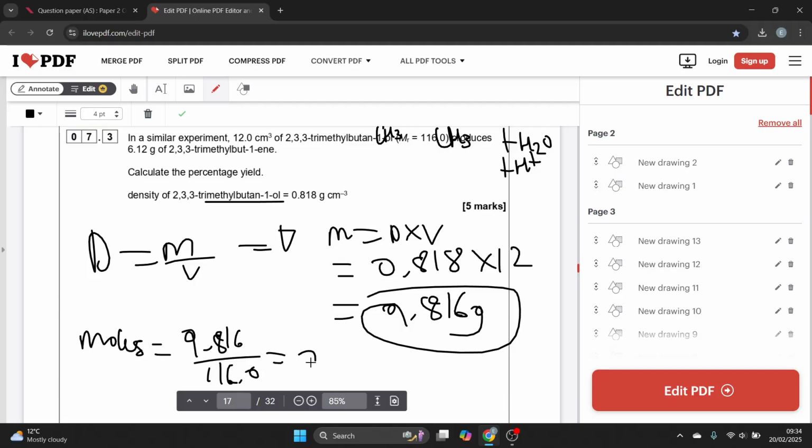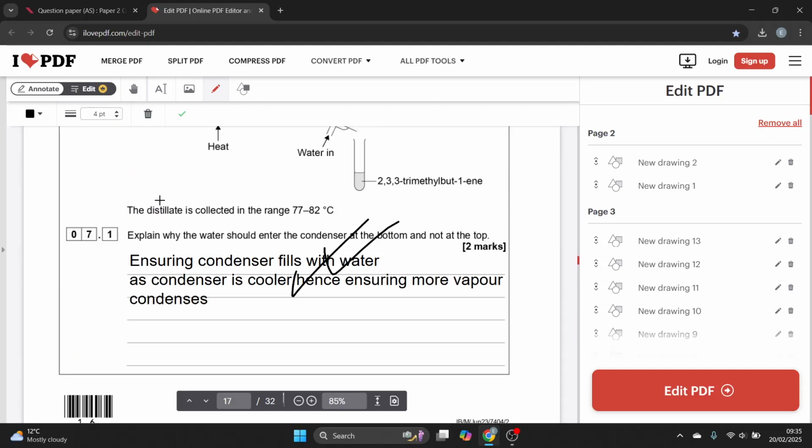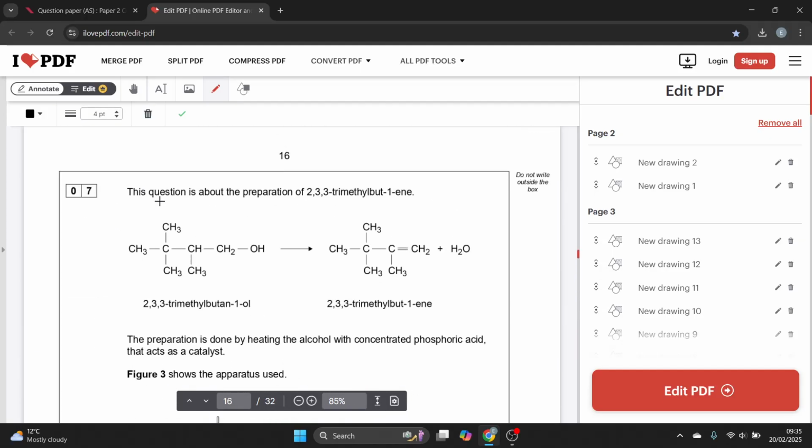Then once I've got the moles of it, I can use the 1-to-1 mole ratio. Therefore 2,3,3-trimethylbutene has the same number of moles of that. Therefore I can work out the mass: mass is going to be the moles, which I've got, times the Mr of 2,3,3-trimethylbutene.